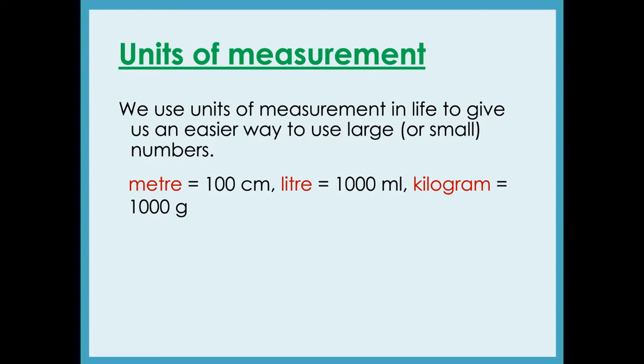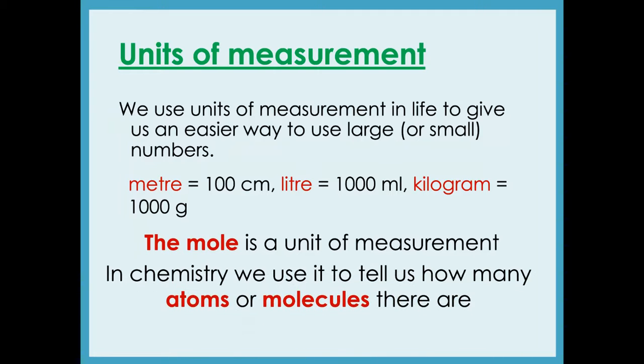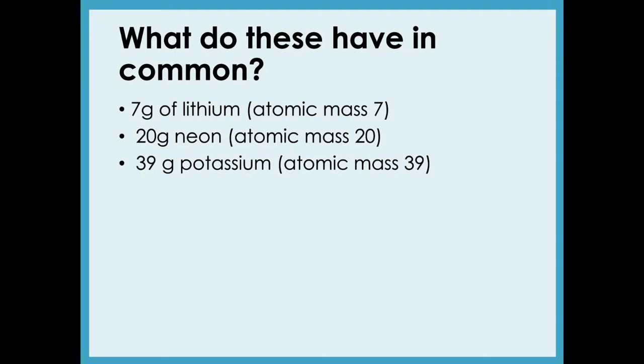So we've met units of measurement before, so a mole is just a unit of measurement. It tells us how many atoms or molecules there are. So if we have a look at these quantities, we'll notice that they've got something in common.